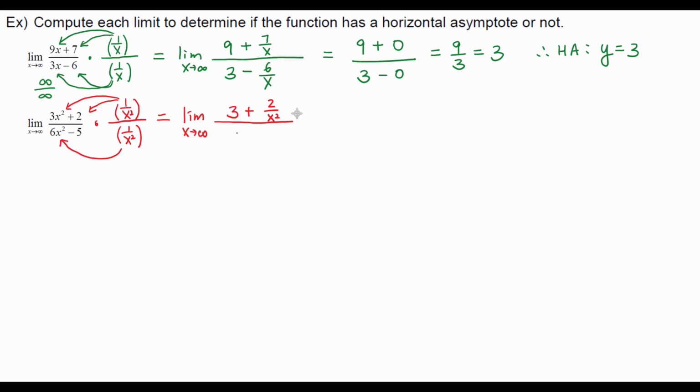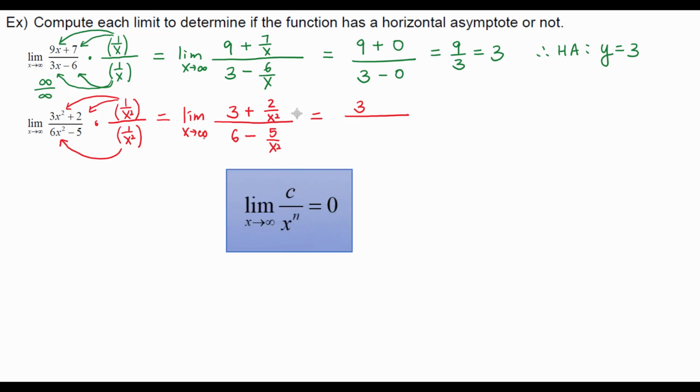So you get 6 minus 5 times 1 over x squared, which is 5 over x squared. Then you will have the limit of 3 is 3. The limit of 2 over x squared as x approaches infinity is 0. The limit of 6 is 6.